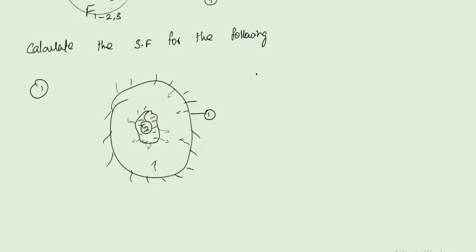Now we know that all the radiation energy emitted by the surface number 2 will be absorbed by the surface number 1. So F21, the energy emitted by the surface number 2 and received by the surface number 1, is equal to 1, because all the energy will be absorbed by surface number 1.